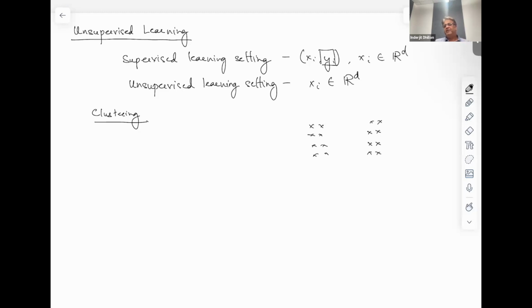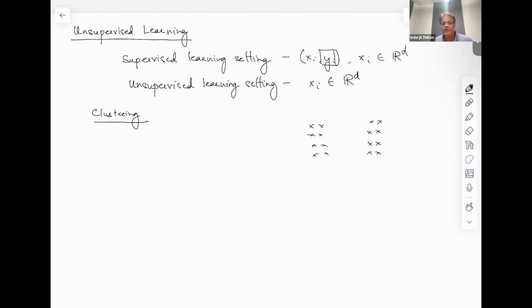So clustering is just a way to organize the data you have been given into clusters, where the idea is that points within each cluster are more similar to each other than points in different clusters.